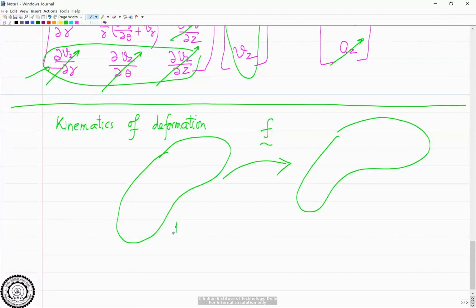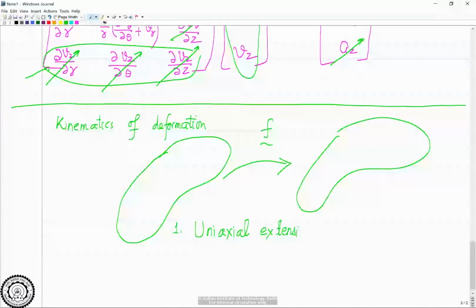So number one is what is called uniaxial extension. Okay, uniaxial extension. Tensile testing. It is uniaxial extension. So it is like if you have a bar, you are stretching in one direction, but in the other direction, you don't let it stretch or compress. You are just stretching in one direction.